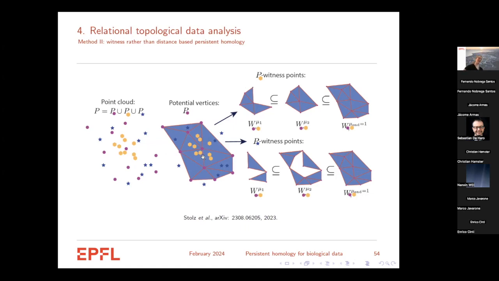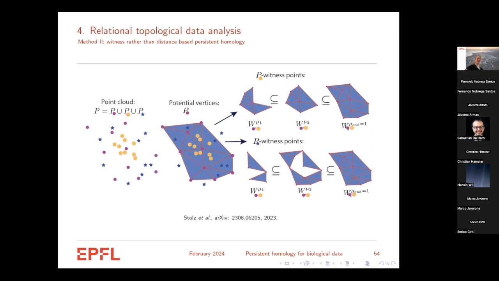So we look at the closest point of the reference cell type from this yellow cell type, for example, and we assign this as being a witness for this particular point and also for the simplices arising from this point. And then we conversely look at how many witnesses I have for a particular edge, node and triangle, and we weight them by the number of witnesses. So for each witness cell type, we then get a different filtration of the same simplicial complex.